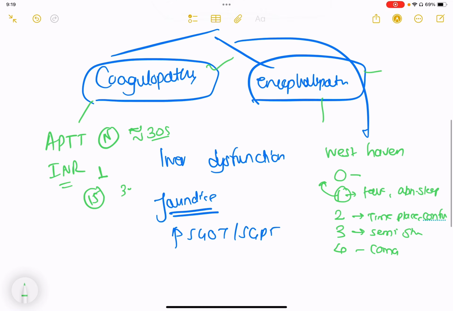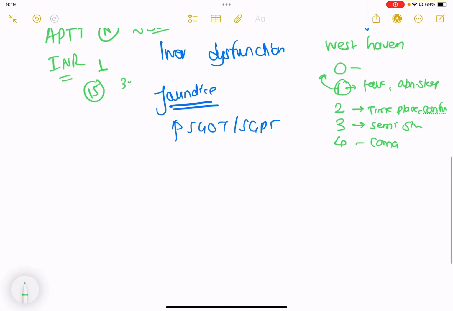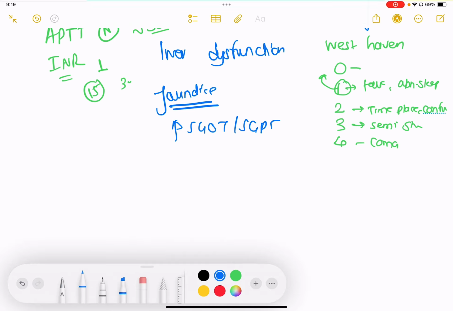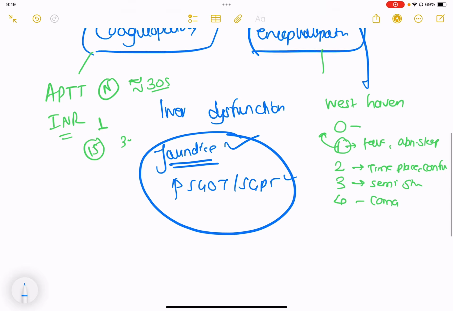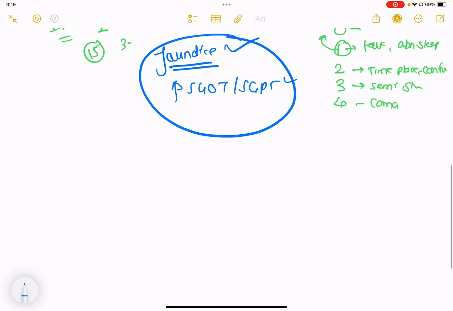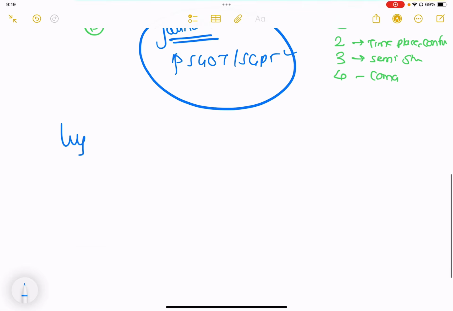So this coagulopathy and encephalopathy has to occur after the jaundice or after the liver dysfunction. The must is jaundice or derangement in the liver function test, which is followed by coagulopathy and encephalopathy. This acute liver failure can be hyperacute, acute or subacute.